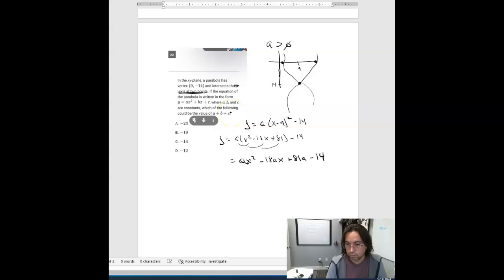Now at this moment we can see that the a term of this quadratic is a, the b term is negative 18a, and the c term is equivalent to 81a minus 14.